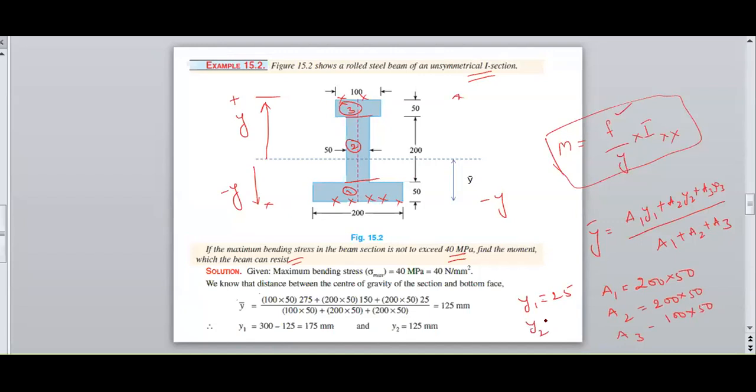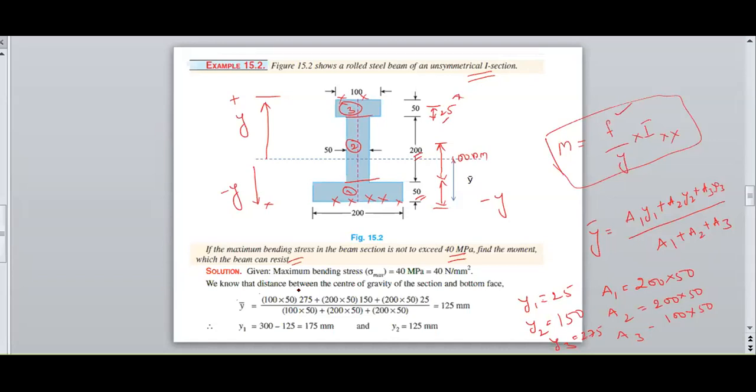Y2 is 200 by 2, that is 100, plus 50, so 150. Y3 is 50 divided by 2, that is 25, so from the bottom it is 50 plus 200 plus 25, which is 275.